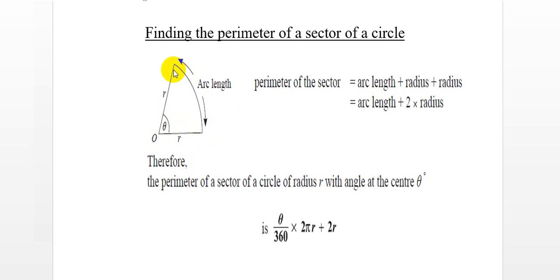Since a sector of a circle contains two radii and an arc length, the perimeter of the sector calculation goes as arc length plus radius plus radius, or in other words you can write arc length plus 2 times the radius. Both refer to the same meaning.